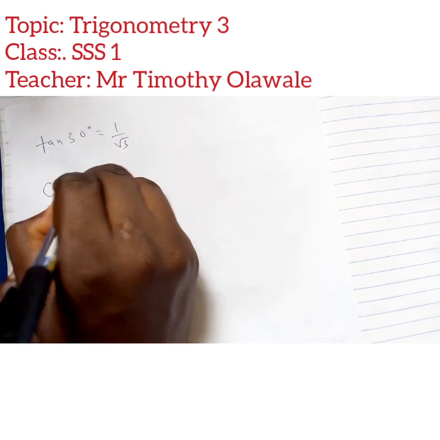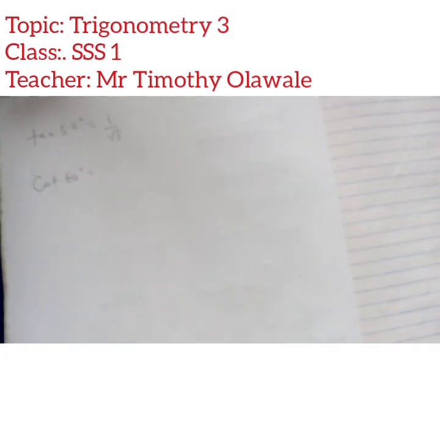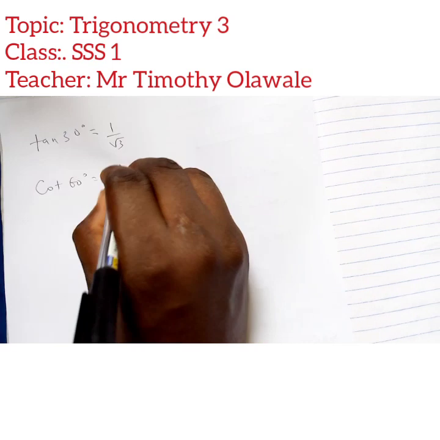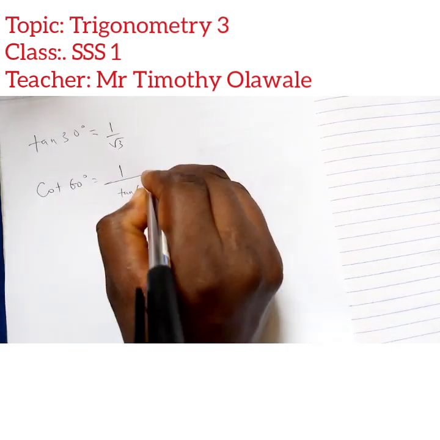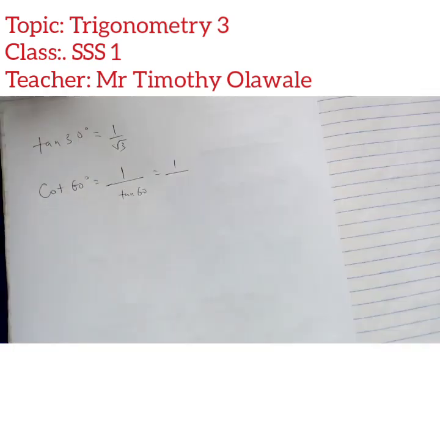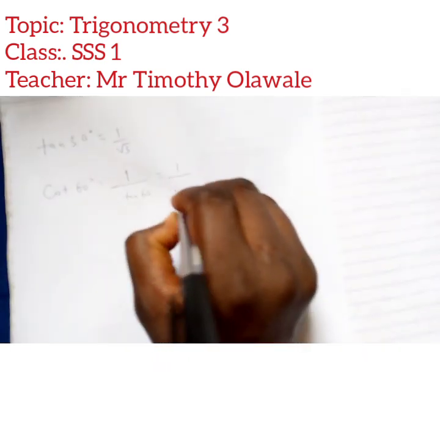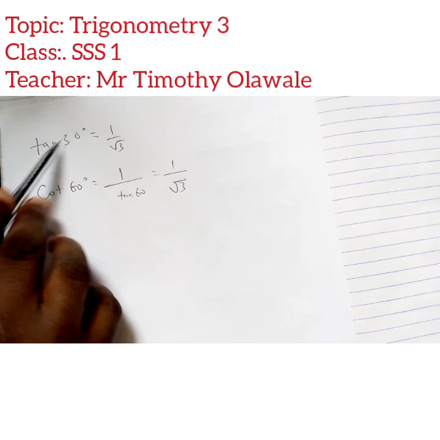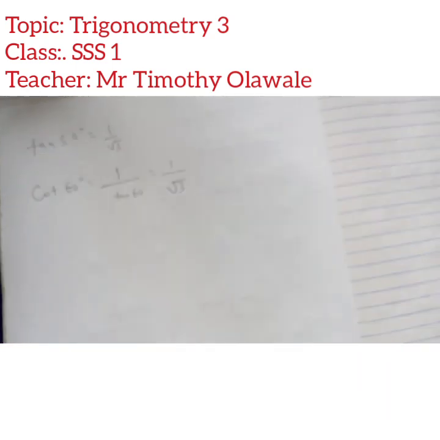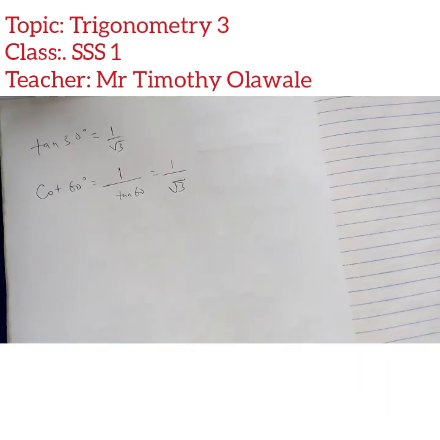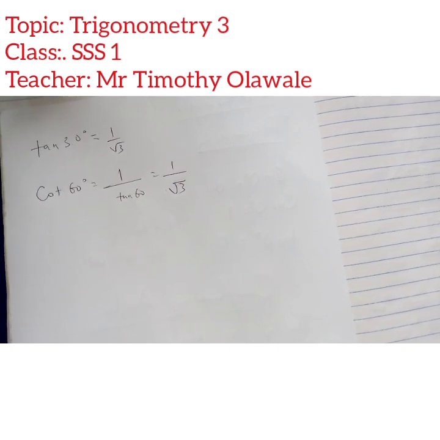Cot 60 is like saying 1 over tan 60. Tan 60 is root 3. So the tan of 30 will be the cot of the other. You must recognize that for complementary angles, the sine of one is equal to the cos of the other, and the tan of one is equal to the cot of the other.